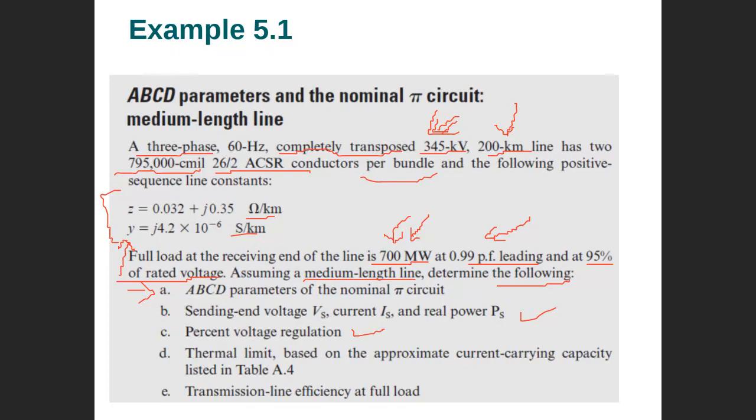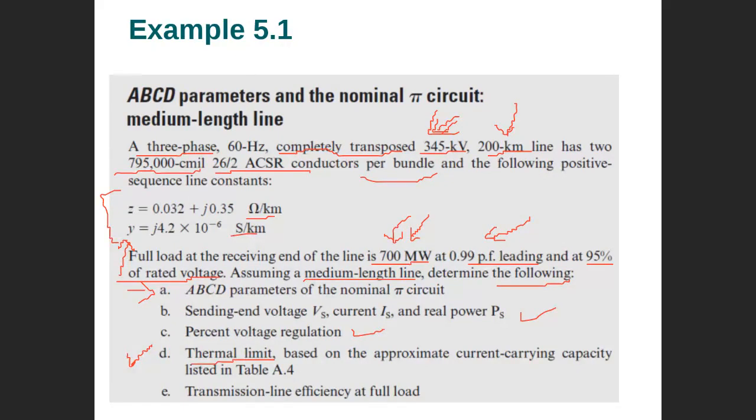And then the thermal limit, because every transmission line has a thermal limit. In the Qatar power system, you will find that they operate at 50%, 60%. They don't operate at the maximum limit. But anyhow, there is a thermal limit of the transmission line. How do we know this?